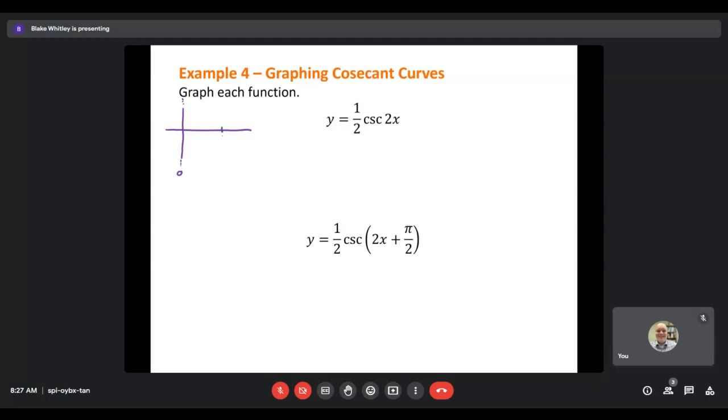We had another asymptote at pi. And then finally, we had an asymptote at 2 pi. Now, along the y-axis, this time we do need some values. Our values are at 1 and negative 1.